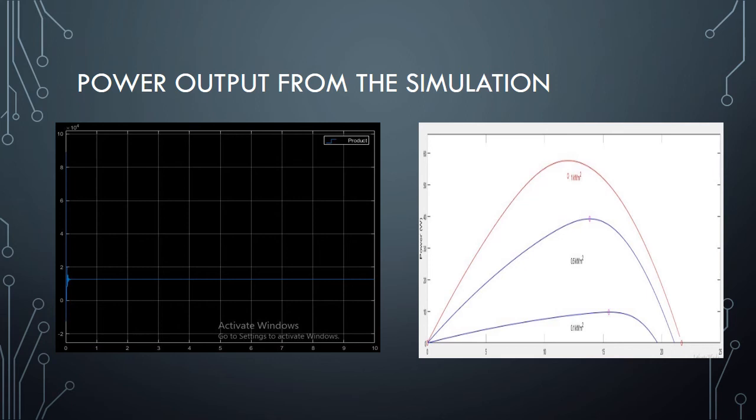The product is seen to be in between 0 to 2, that is 1 into 10 to the power 4 kilowatt per hour. It is seen that with time the solar irradiance also decreases because the intensity of sunlight has an impact on the solar irradiance.